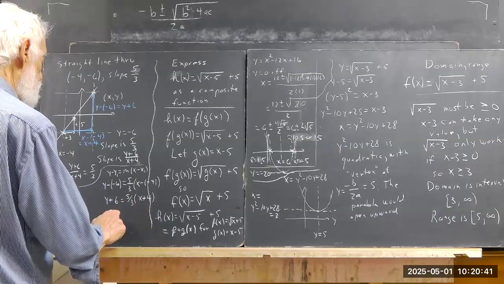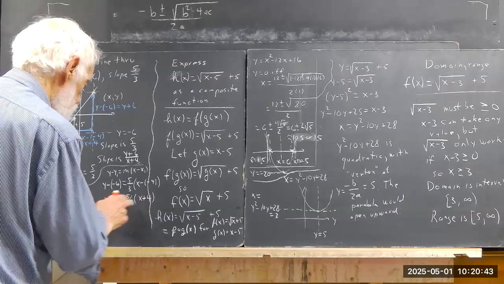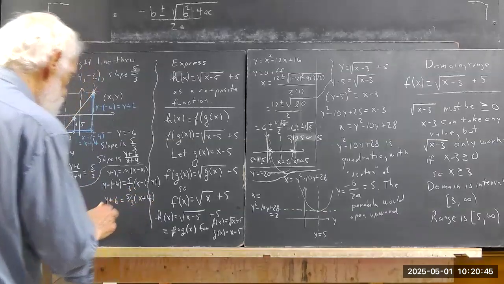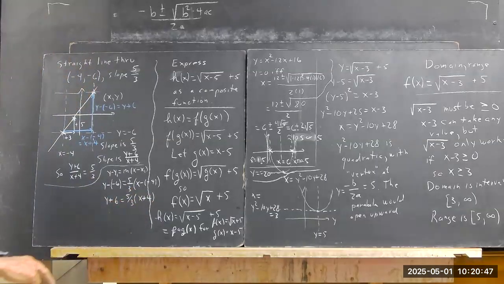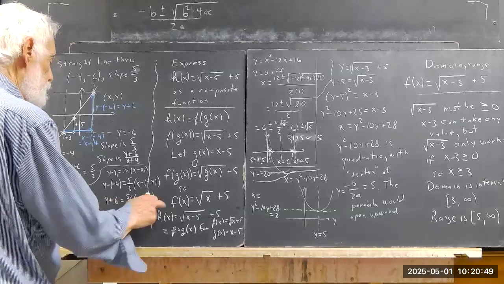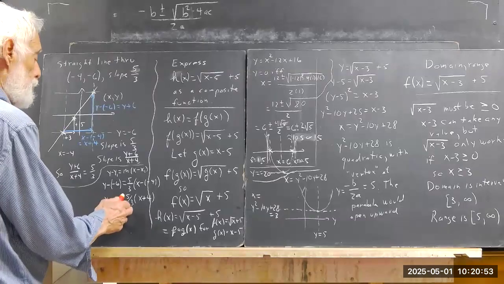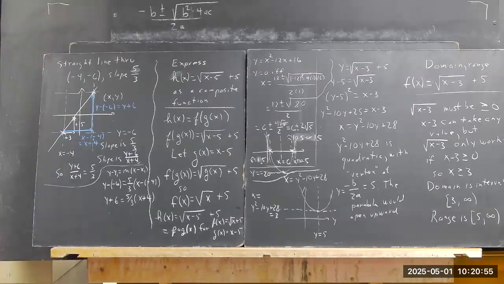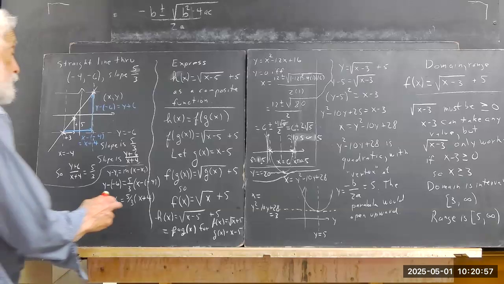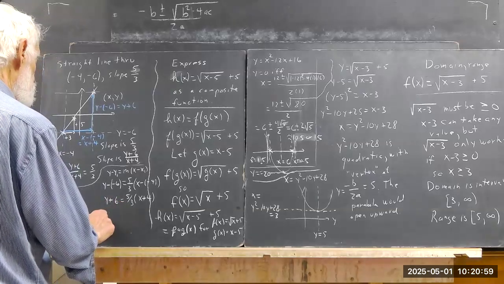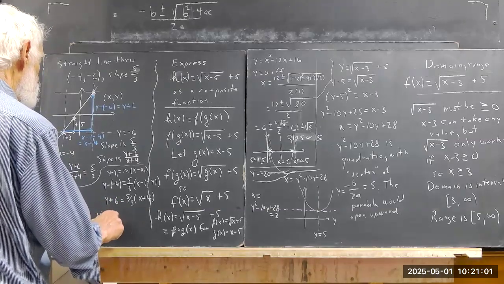We solve for y. Now, to solve this for y, we have a denominator of 3. Whenever we see one or more denominators in an equation, we multiply both sides by the common denominator, preferably the least common denominator. So we're going to multiply both sides by 3.